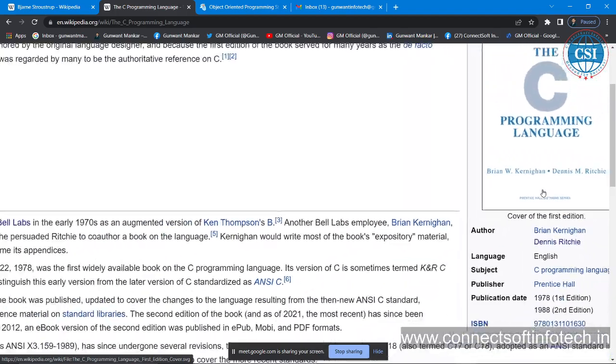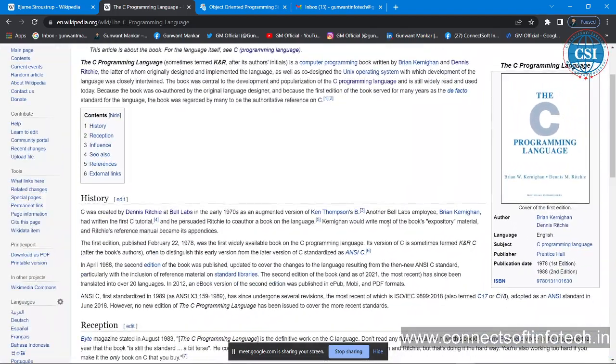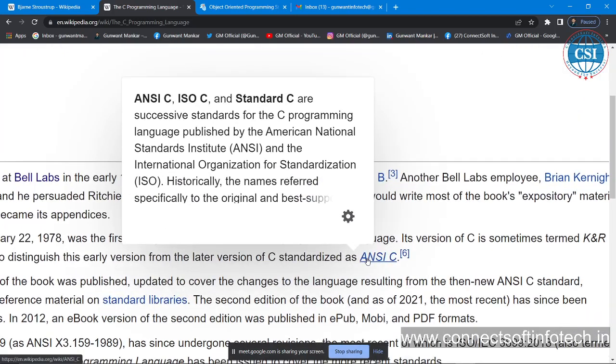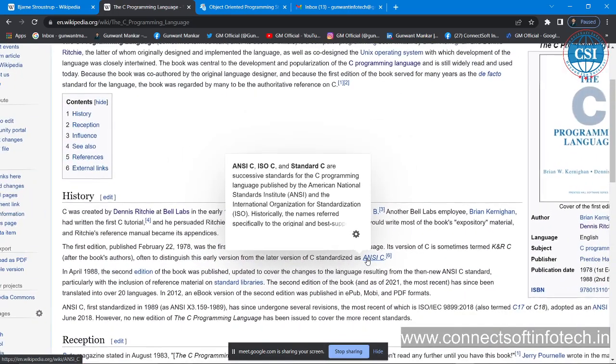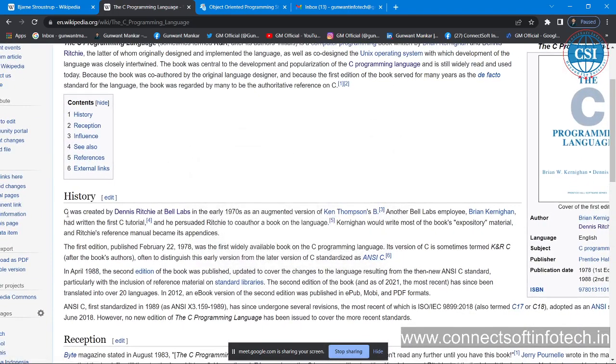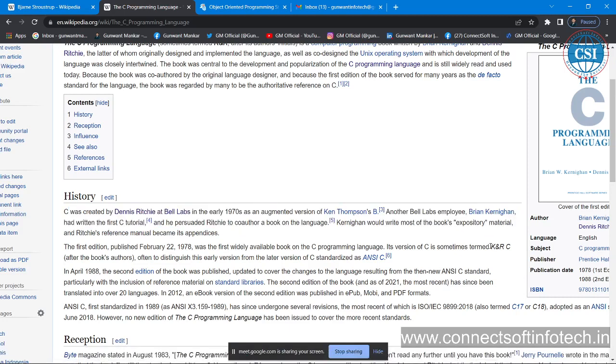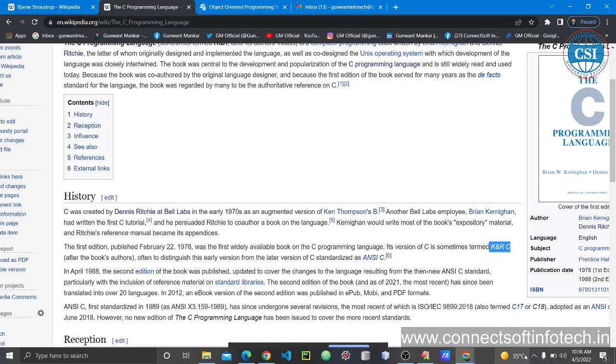It's a book name. दोनों ने मिला के सी को और नाम दिया, that is ANSI standard version is added there. And the name is given as K and R C.